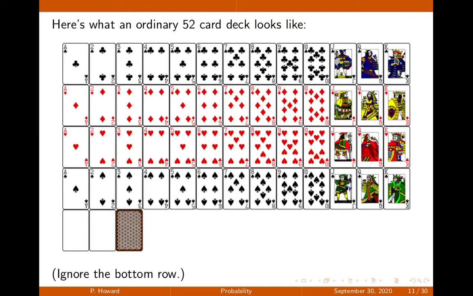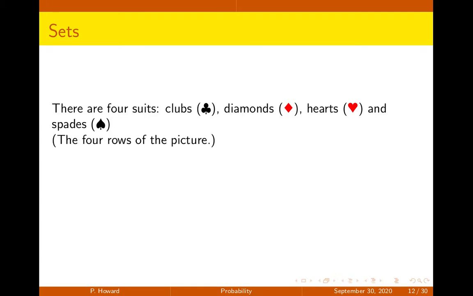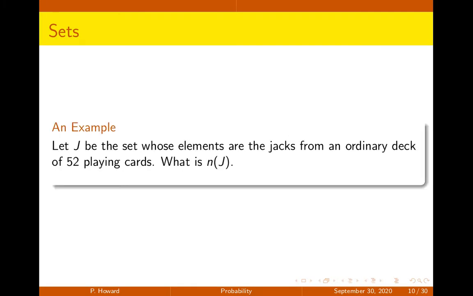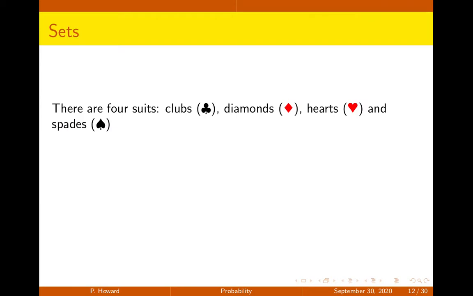So on the next slide, I've put on the slide what I just said in words. There are four suits. Clubs, this is the symbol for clubs. Diamonds, this is the ordinary symbol for the diamond suit. Hearts, and spades.